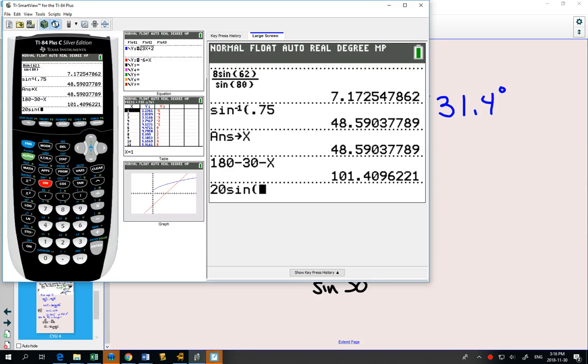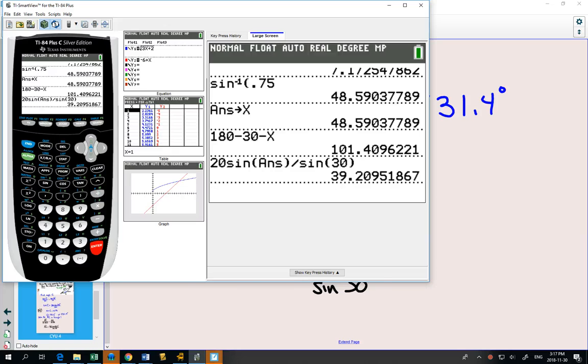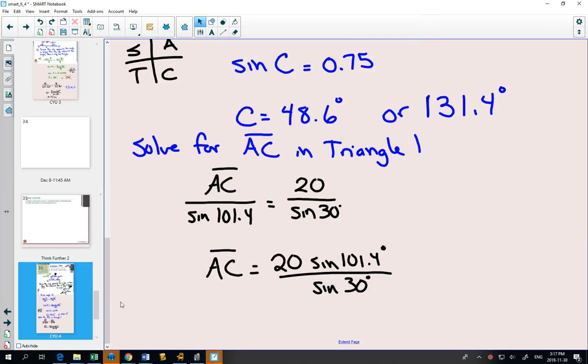Instead of having to type all of this, your calculator also has an answer button. Have you used that before, above the negative? Second answer, divided by sine of 30. 39.2. So we've got 39.2 kilometers. And now we have to solve for the other one as well.